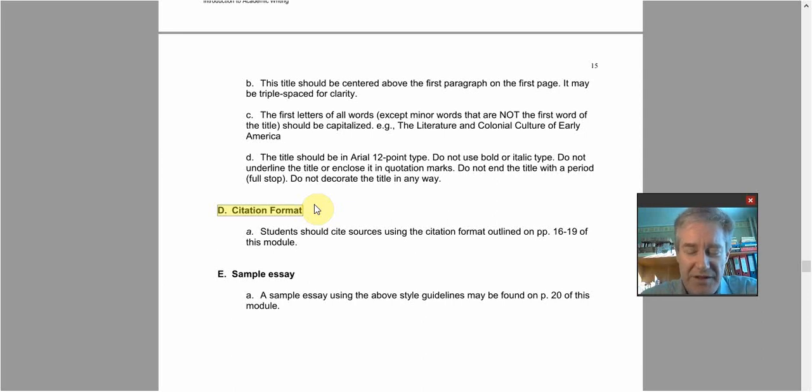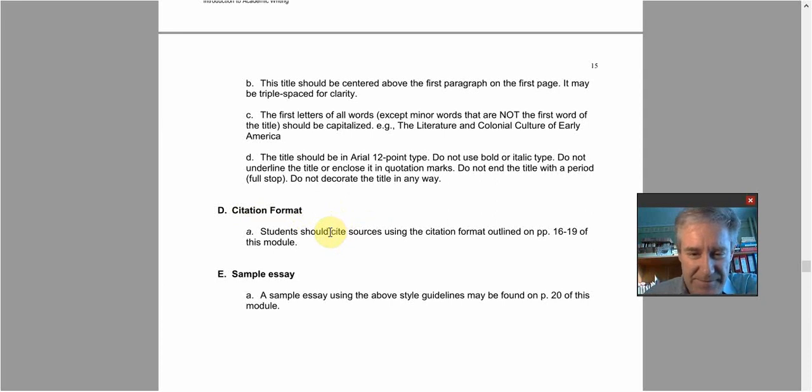So, we have to handle our sources properly. And this style sheet tells us that we have to use a citation format. And as I just said a moment ago, citation format is the special rules that you use for handling your sources, for presenting your sources in your essay.